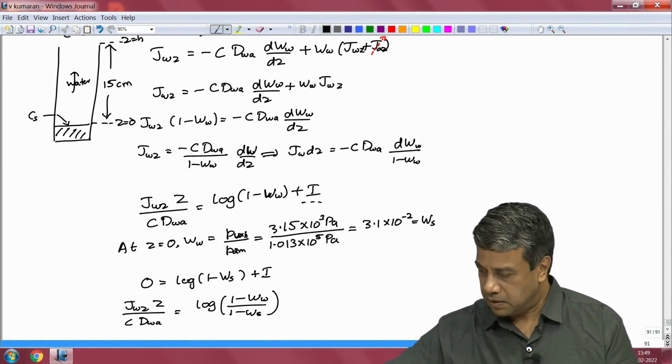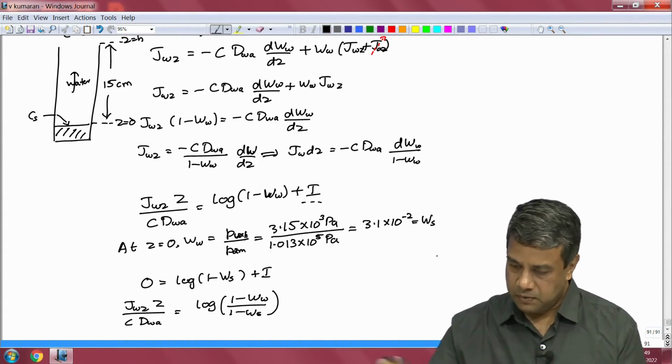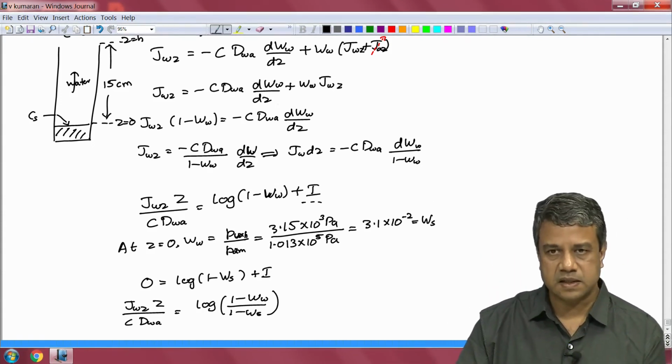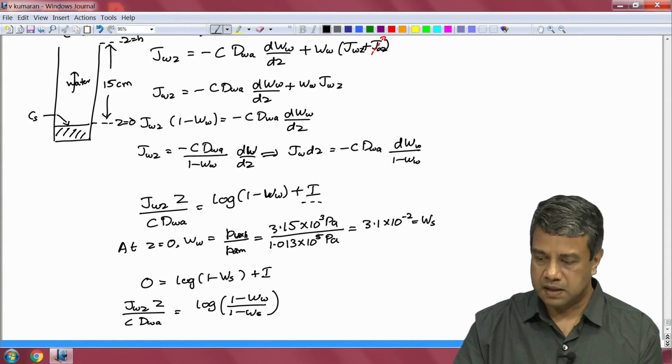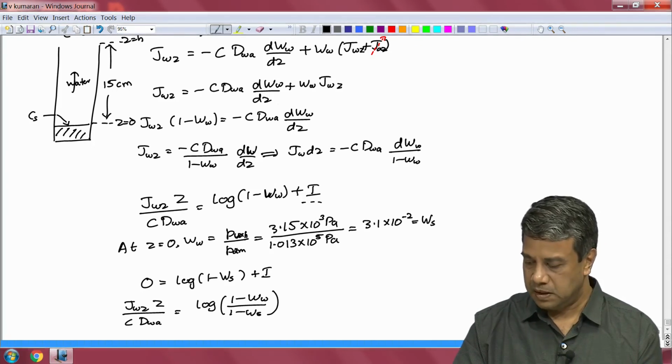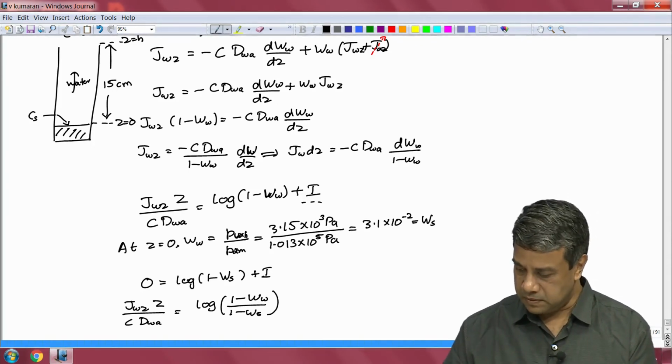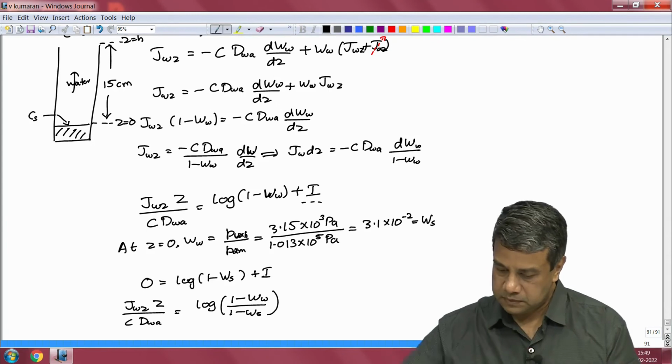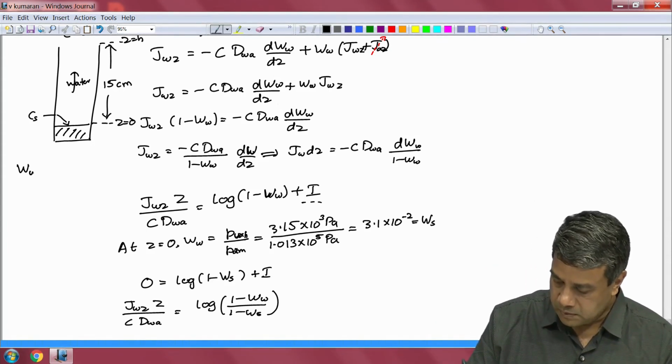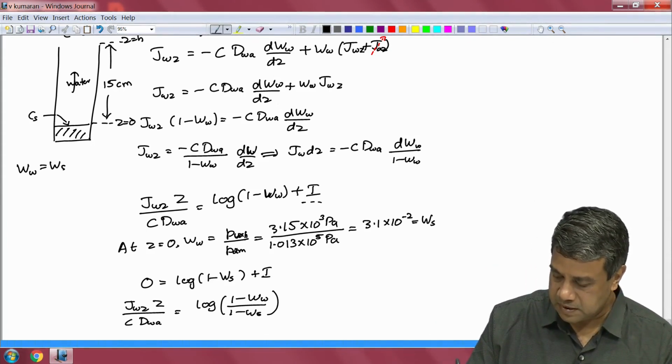How do we find the flux? We know at this height Z is equal to H, the mole fraction of water is equal to 0. WW is equal to 0. So, the mole fraction of water is equal to Ws at Z is equal to 0 at the surface.